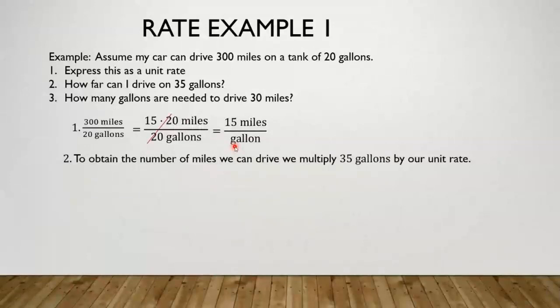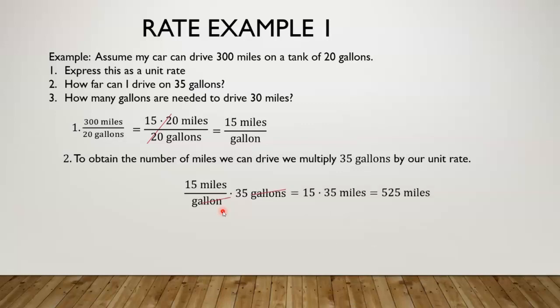It's like the factor label method: we multiply and units cancel. The unit gallon is going to cancel with gallon. As you can see, they're canceling, and what we get is 15 times 35 miles, which is 525 miles.